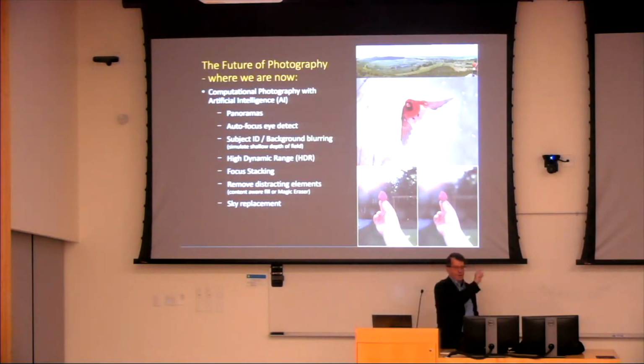I'm sure you've all gone out with your phone and just panned across, but you may not understand what's happening: your camera is actually taking a whole bunch of individual images, and then with the little computer inside your phone, it's stitching them together to create this seamless panorama for you. So there's actually a lot of computing power going on to create that panorama.